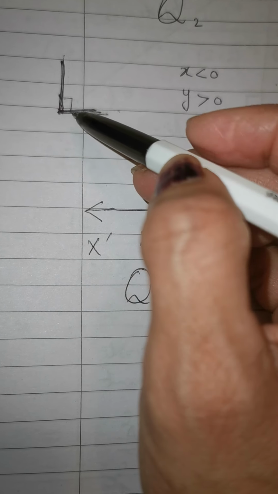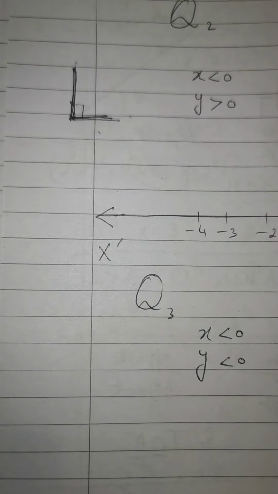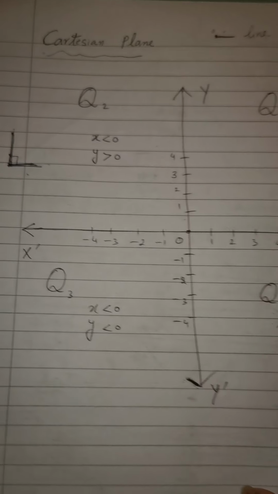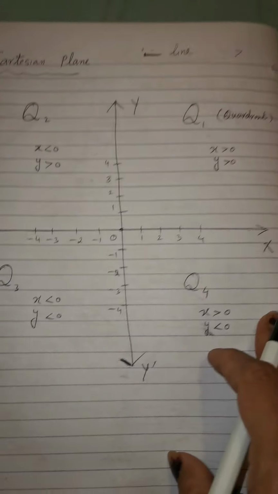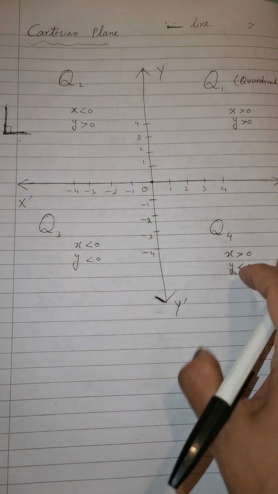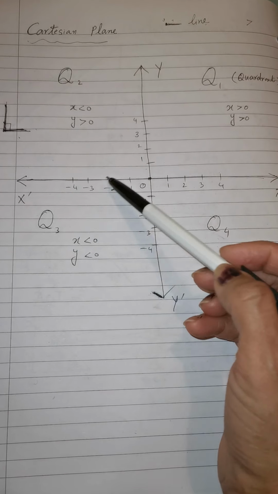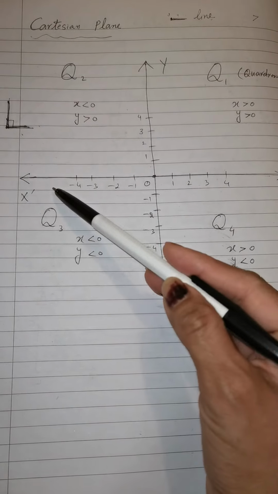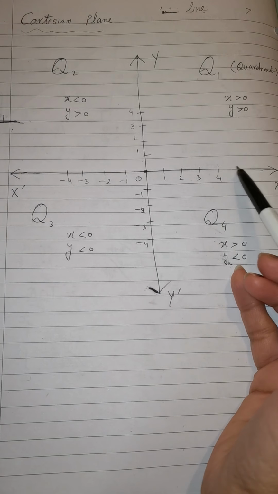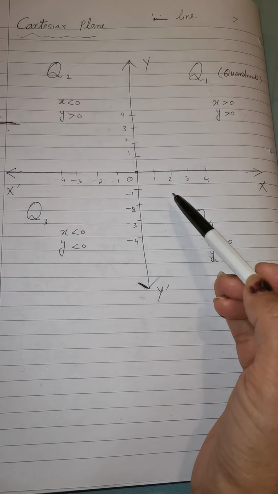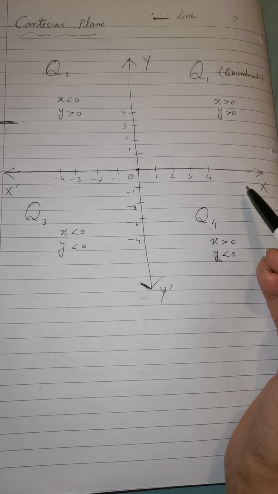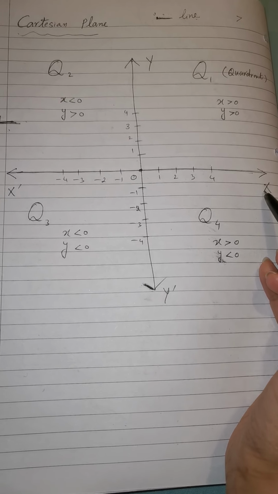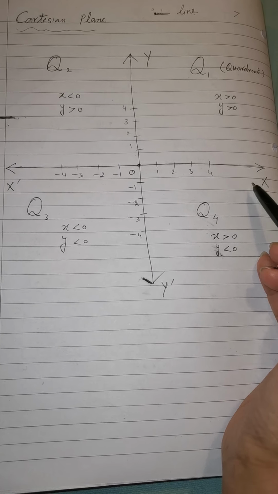Keeping in mind this example of floor and wall, we will draw two lines. One line is like a floor. This is called the horizontal axis, and we denote it by x-axis, right?